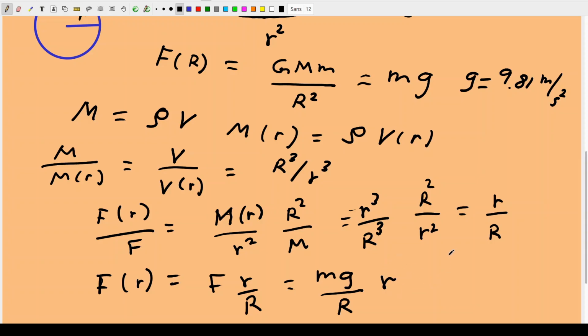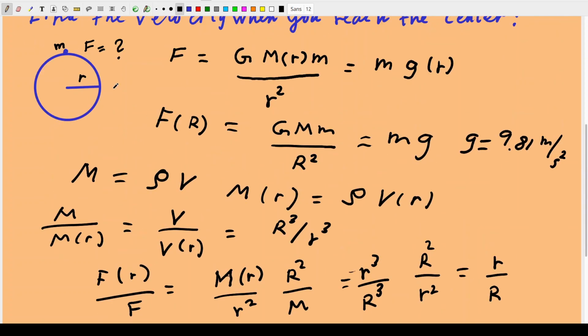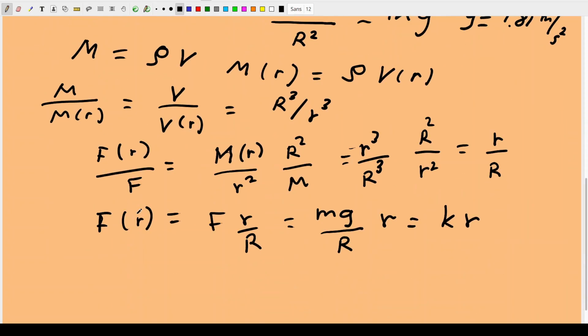Okay, and let's suppose m g over Earth radius is a constant k. So this is the expression we have. This is exactly what we wanted to know here: what is the force for radius r? And this is the thing we have here.